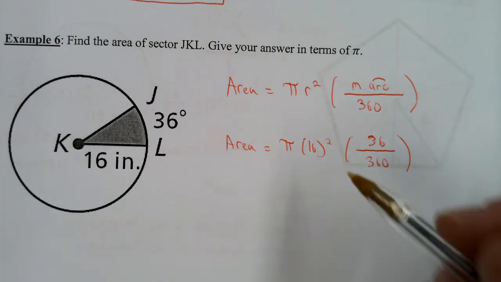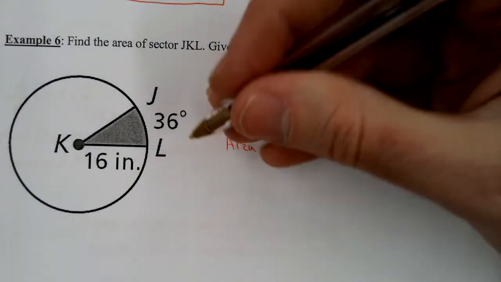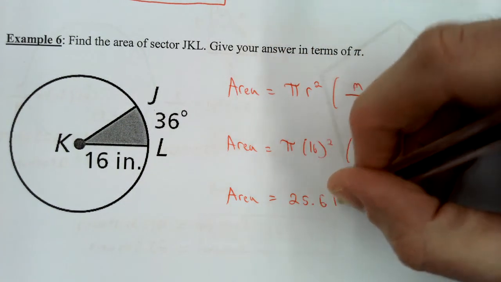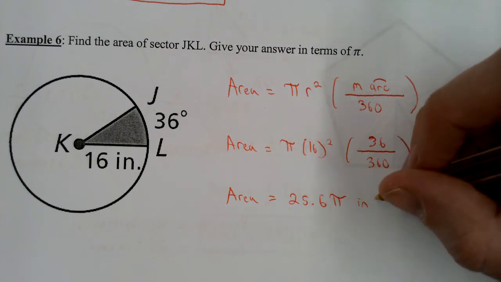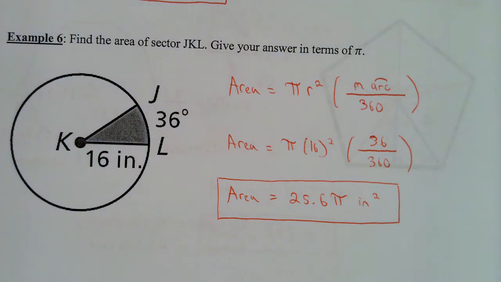Okay, so you're going to do 16 times 16 times 36, divided by 360, 25.6 pi inches squared. Give your answer in terms of pi, so there's the pi. That's how you do the area of a sector.